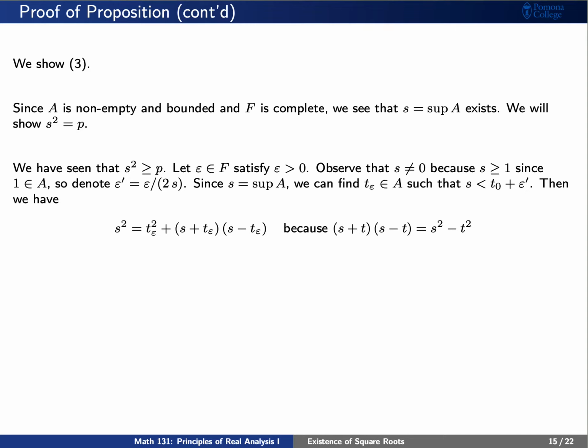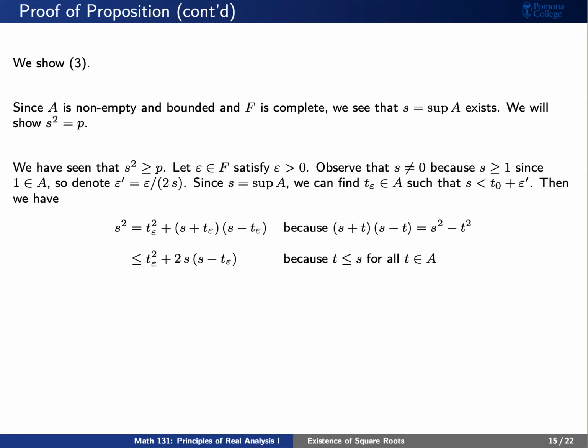Putting this together, we now see that s squared must be t sub epsilon squared plus the product you see on your screen. This is just because we have the difference of squares. We can bound this above because t is less than s for all t in our set A.